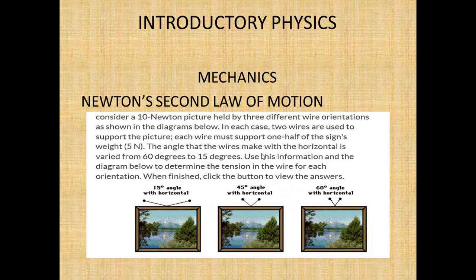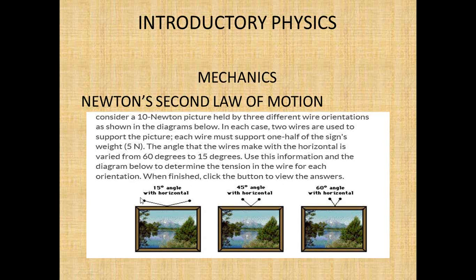The angle that the wire makes with the horizontal varies from 60 degrees to 15 degrees. So that's 15 degrees, 45 degrees, and 60 degrees. Use this information and the diagram below to determine the tension in the wire for each orientation. And when you finish, click. Okay, so you look at the answers.